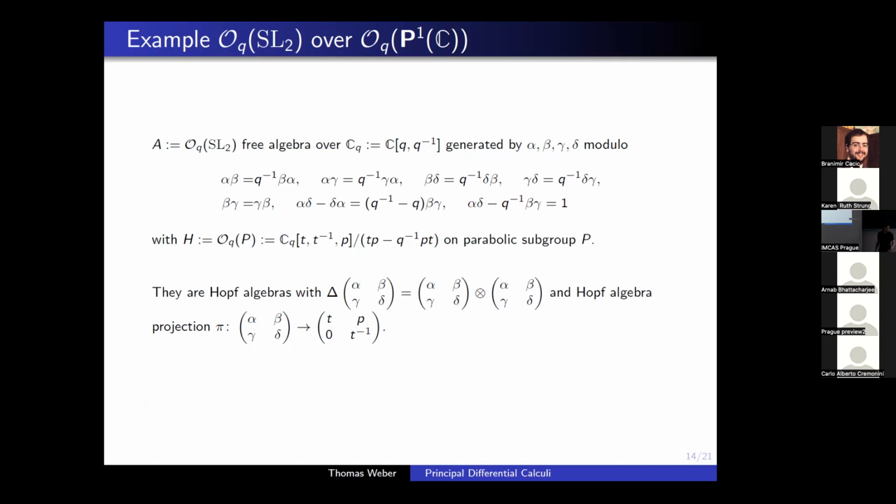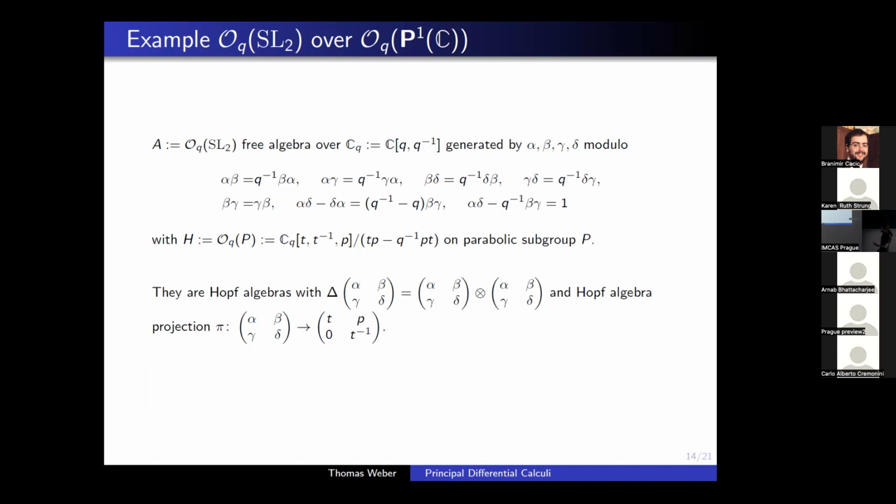So here we can define a second Hopf algebra, which is generated by some t minus 1 and p, where we quotient now just by the commutation relation of t with p gives you a q minus 1. And this can be seen as a Hopf algebra deformation of the parabolic subgroup of SL2.